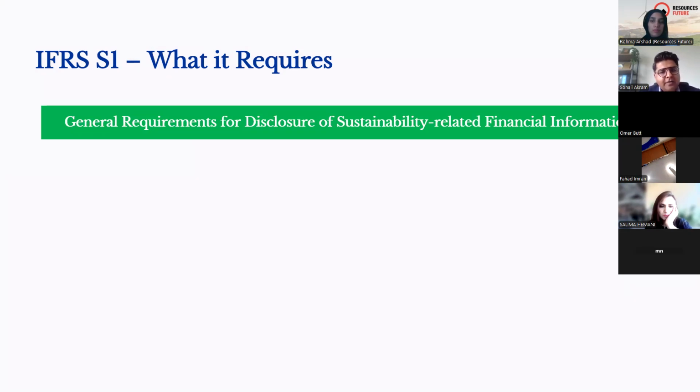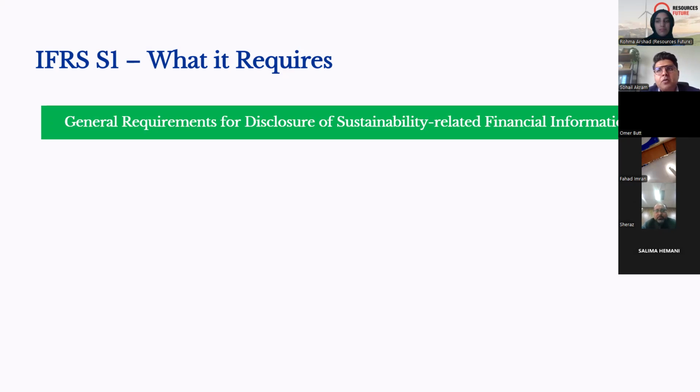What it requires is that you disclose sustainability-related risks and opportunities. And the objective of these disclosures should be to help primary users of financial reporting and sustainability reporting to make informed decisions about the entity.